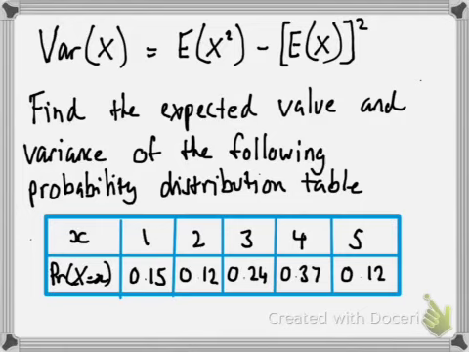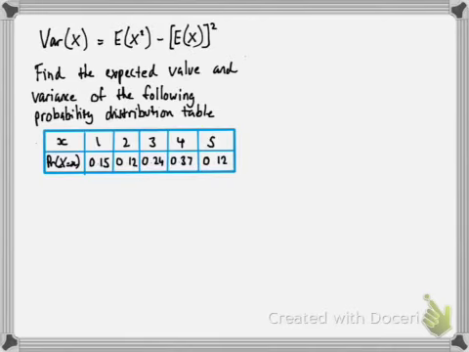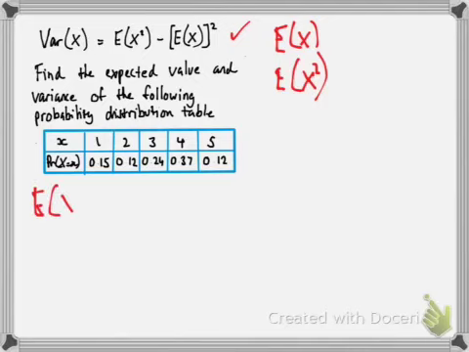To explain how that works, let's do an example. Find the expected value and variance of the following probability distribution table. Alright, so to work out the variance here, we have to work out two things. We have to work out E(X) and we also have to work out E(X squared). First things first, let's work out E(X). As we've always done, it's multiplication of the x values with the probabilities and summing those together.